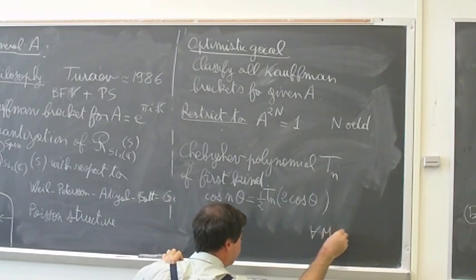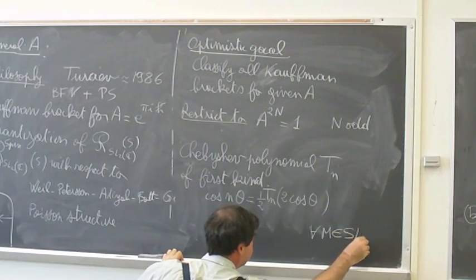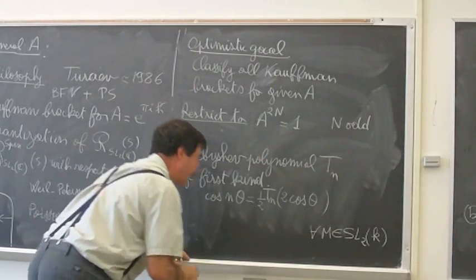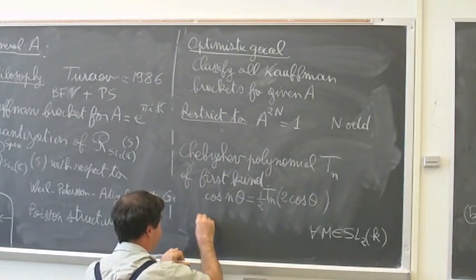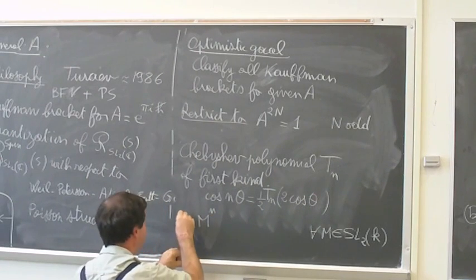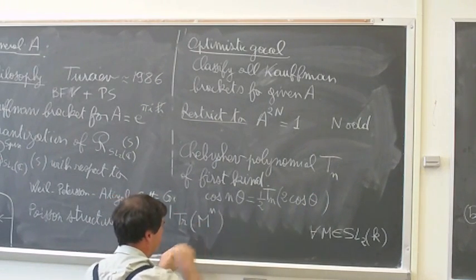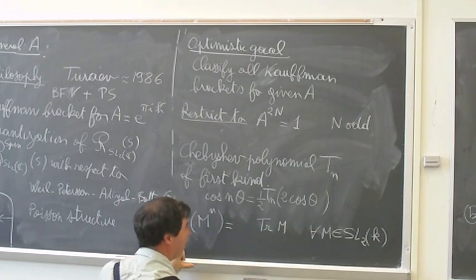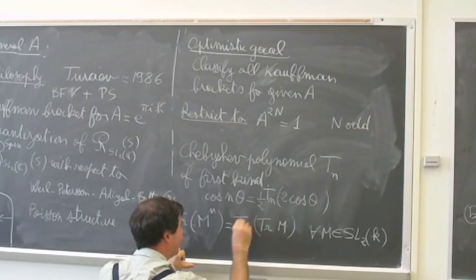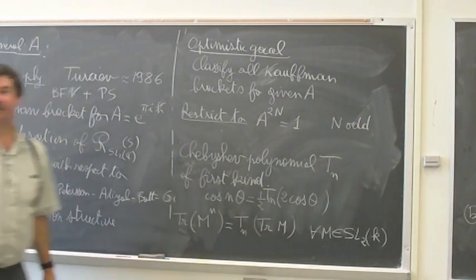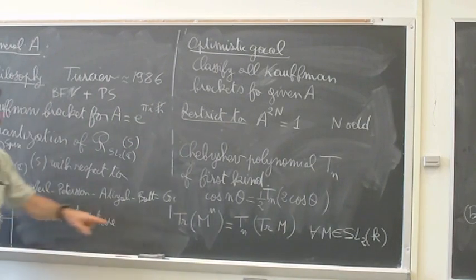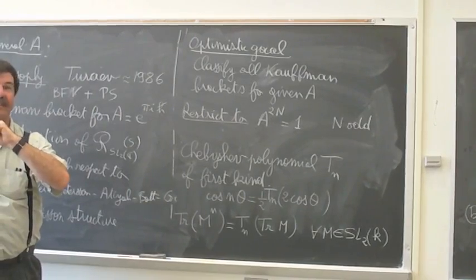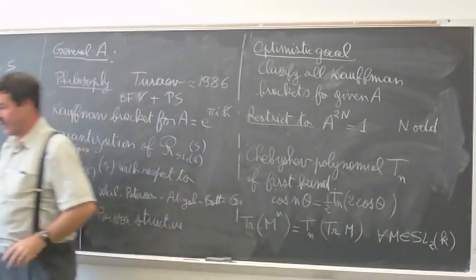If I take a matrix M in SL2 over whatever field, actually ring, if I take M to the power n, and I take the trace of that, and I want to express this in terms of the trace of M, well, that's exactly where the Chebyshev polynomial comes in. You get the second formula from this one by applying it to the rotation matrix of the angle theta. That's how you get that. Okay.